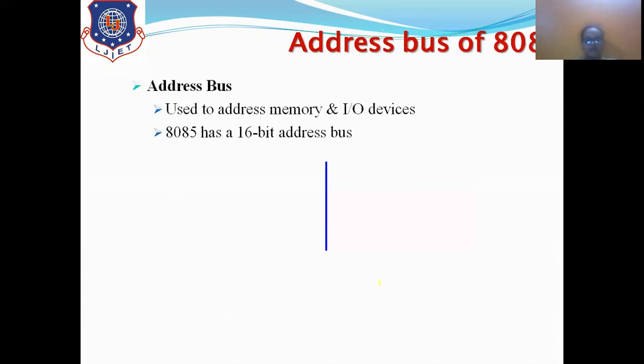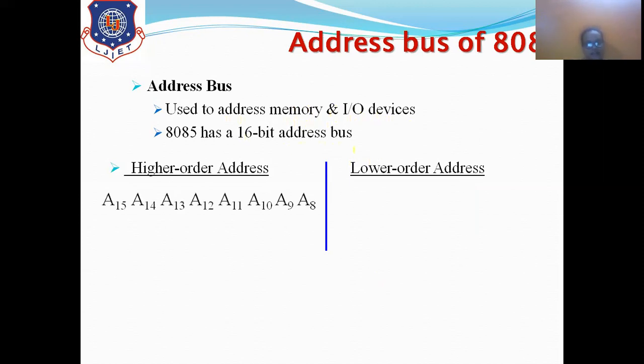Now, moving forward to the address bus of 8085. We know that the address bus is used to address memory or an IO device. Here we are discussing memory interfacing, so we are using this memory address to interface, and the data is to be fetched from that particular address. Now 8085 has 16 address lines, right? This is the higher order address bus, which is from A8 to A15.